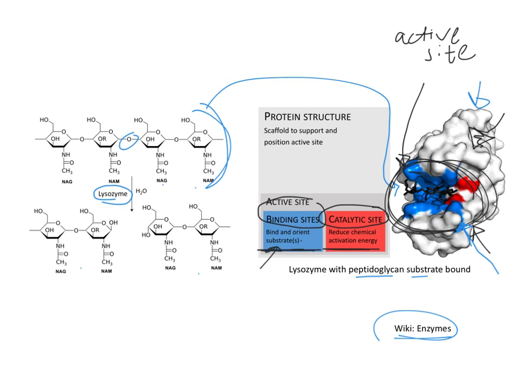The substrate is then converted to a product and then released. The how do enzymes work video is so awesome, and it does a very beautiful job of showing this. Hopefully you'll watch it after this video. It might make some more sense, but watch it as many times as you can to pick up as much as you possibly can.